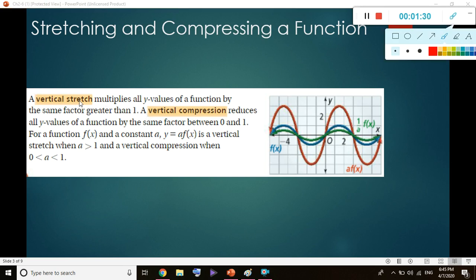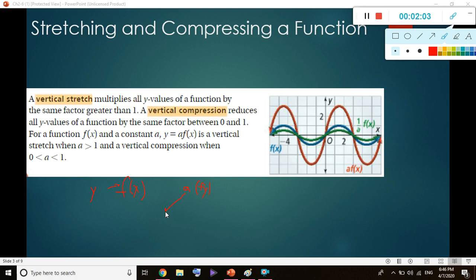Let's also keep in mind that the stretch and the compression are always vertical, so we're only going to change the y. We're going to multiply a by y, which is f of x. So if we multiply a number, let's say a, with f of x, a vertical stretch or a vertical compression is going to happen. How do we differentiate?